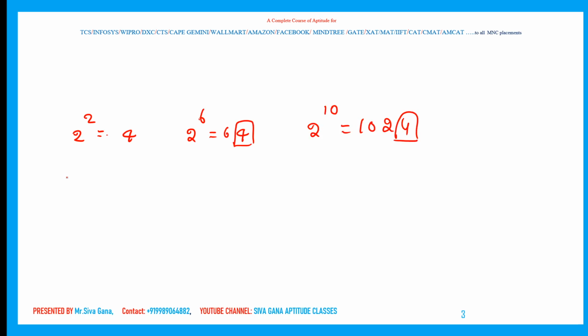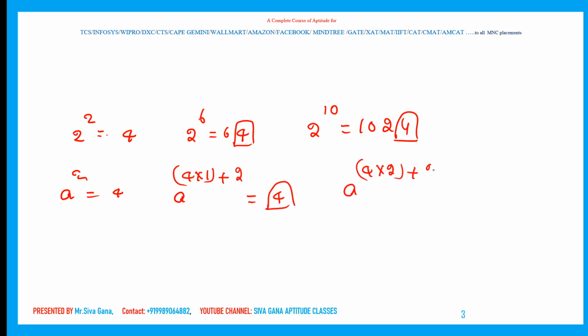Let us see. Base I am taking as a. A square, unit digit is 4. A power 6 can be written as 4 into 1 plus 2. Its unit digit is also 4. 10 can be written as 4 into 2 plus 2. Its unit digit is also 4.